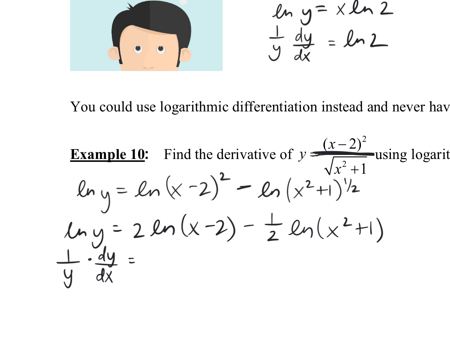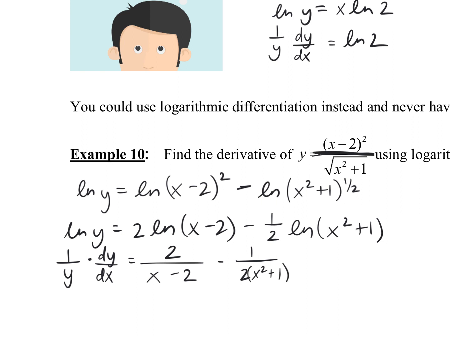So the derivative of 2 times the natural log of x minus 2 would be 2 divided by x minus 2. We okay with that? Okay, then I've got minus 1/2, and the derivative of the natural log of x squared plus 1 is 1 over x squared plus 1, in parentheses there.